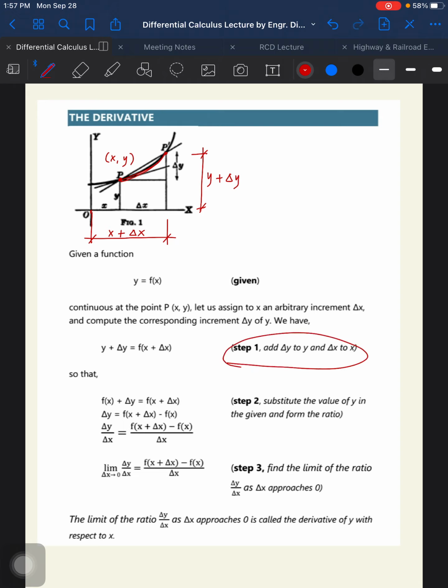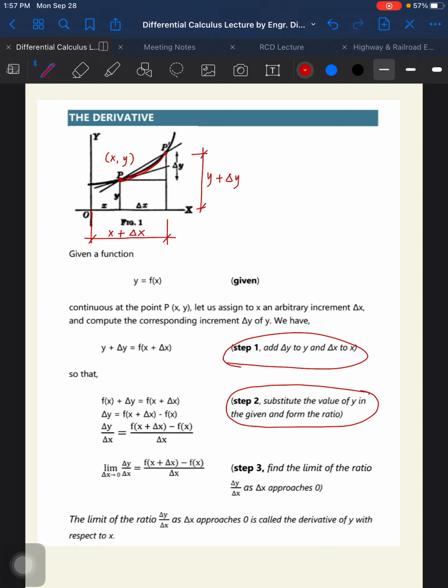Your step 1 is add delta y to y and delta x to x in the given equation. So we just put delta y and delta x.